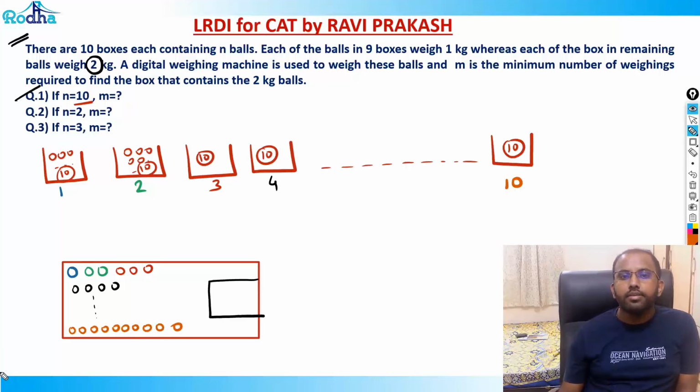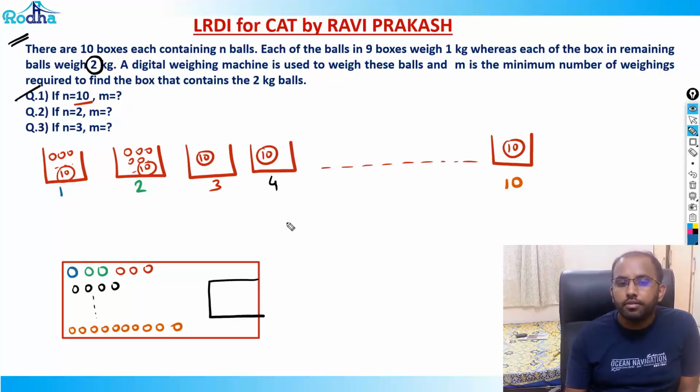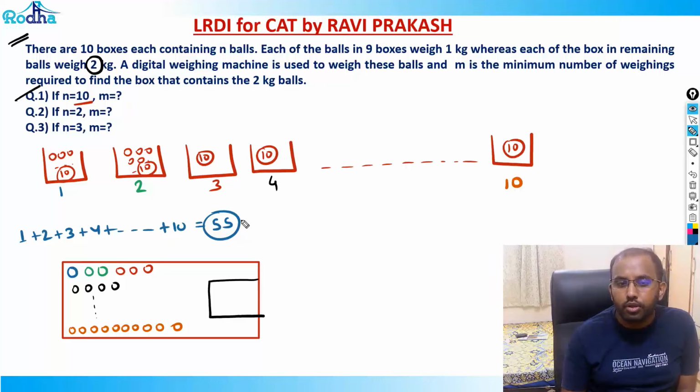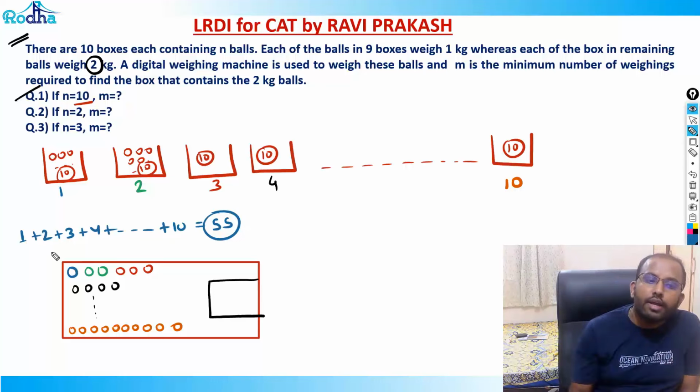Now tell me guys, what is the total number of balls on the weighing machine? The total number of balls is 55, basically 1 plus 2 plus 3 plus 4 up to 10, which equals 55.